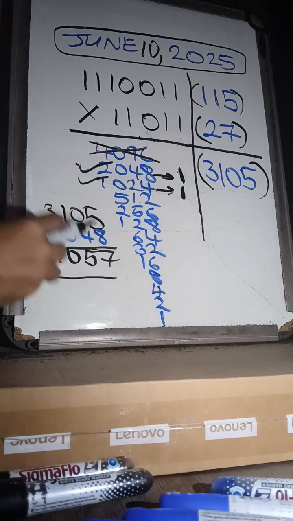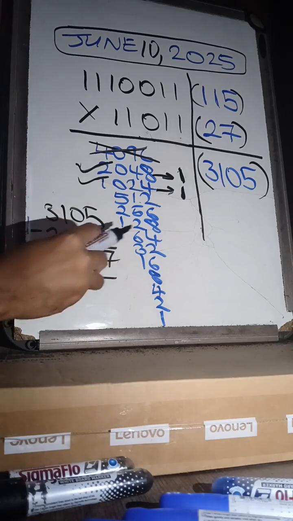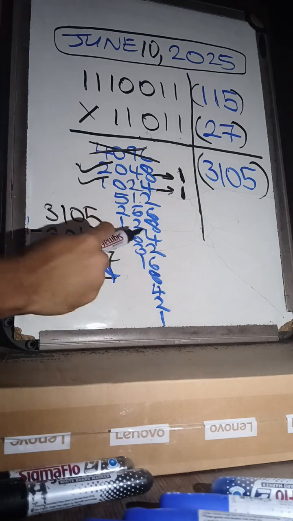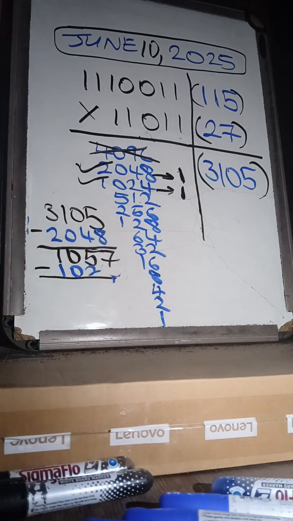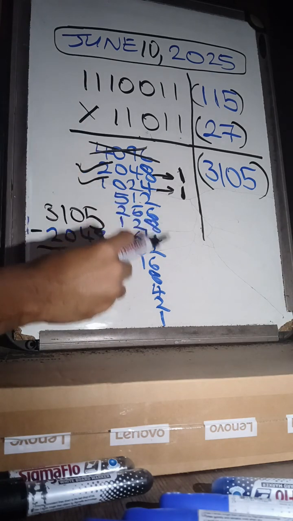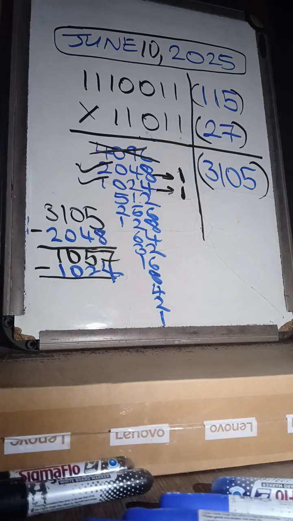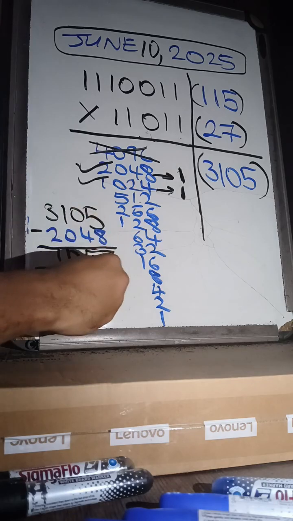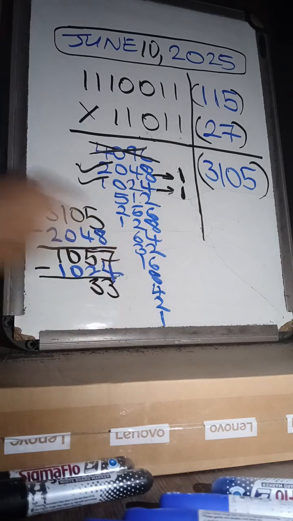So let's see what we have here. Pardon me if my 4 looks a bit off. Alright. So obviously that's a set of zeros right there. 5 minus 2. Oh, we have 33. Okay.